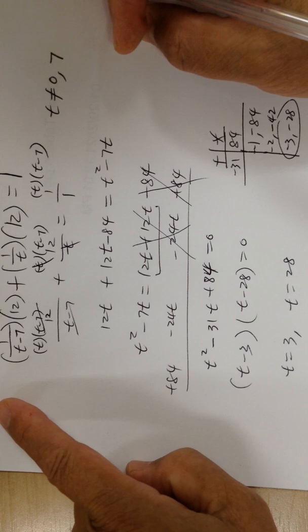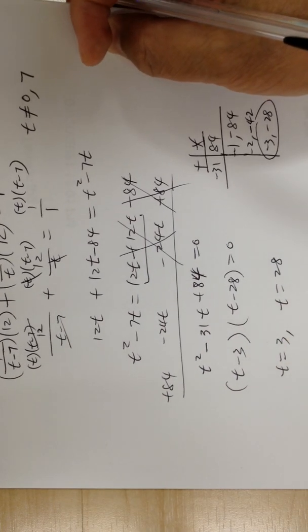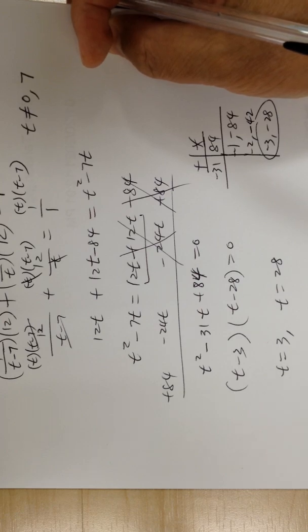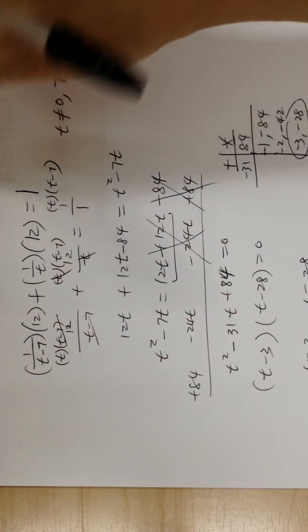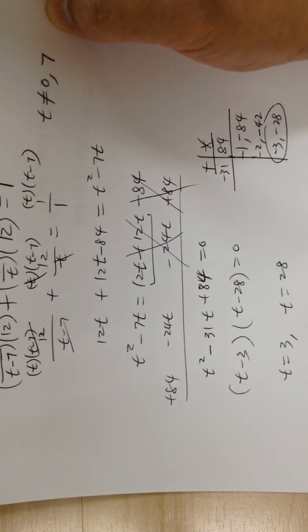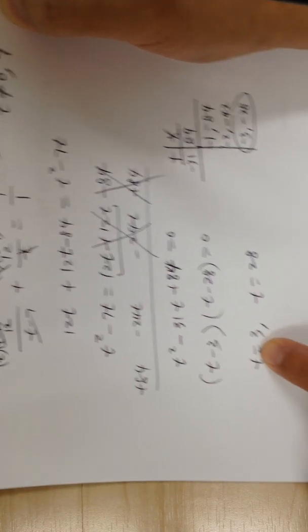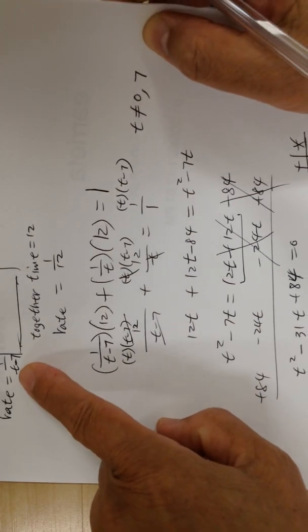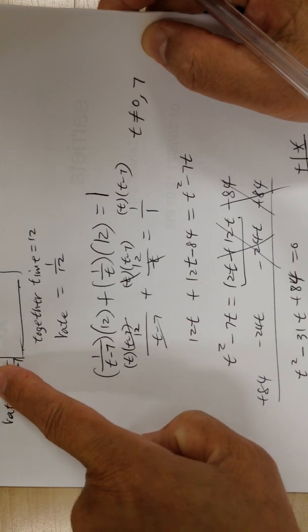So notice that t cannot equal 3 because over here the time for the large pump is t minus 7.